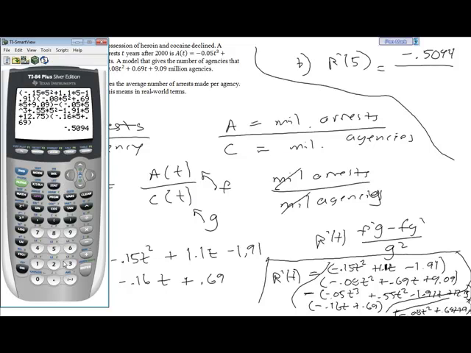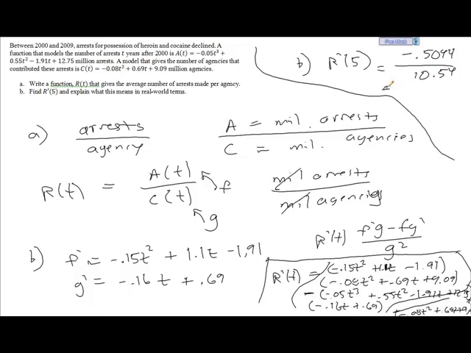Now I'm going to divide that by the result of the denominator. I need to put this in parentheses because the whole thing is going to be squared: negative 0.08 times 5 squared plus 0.69 times 5 plus 9.09. And I get 10.54.